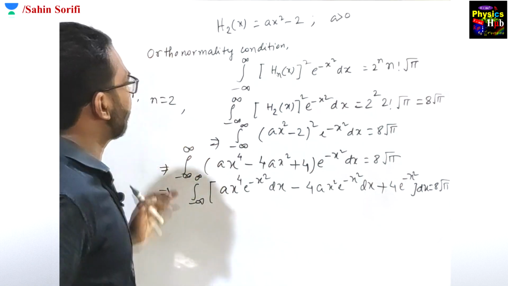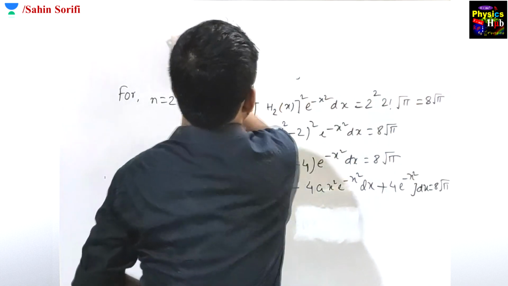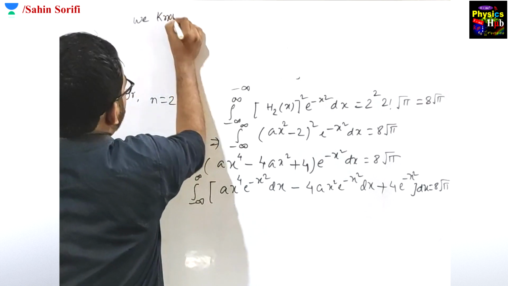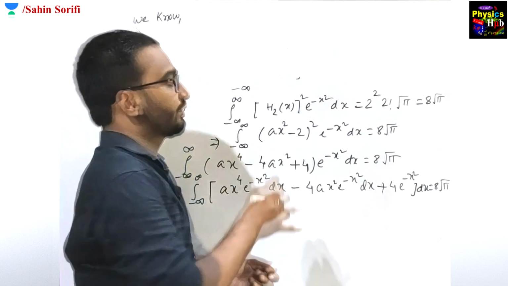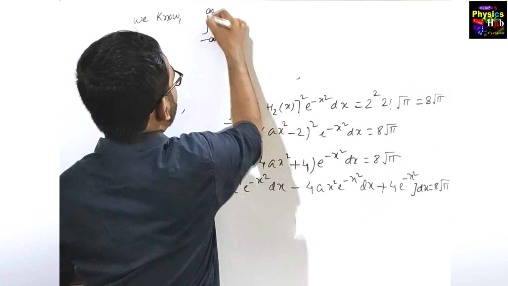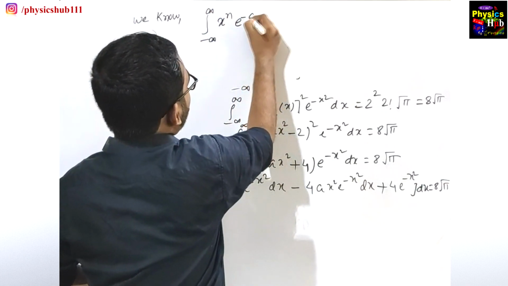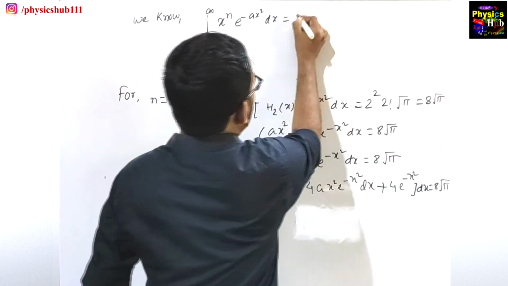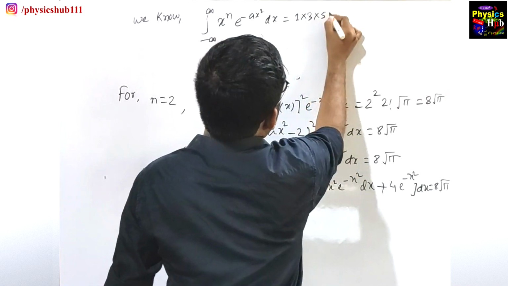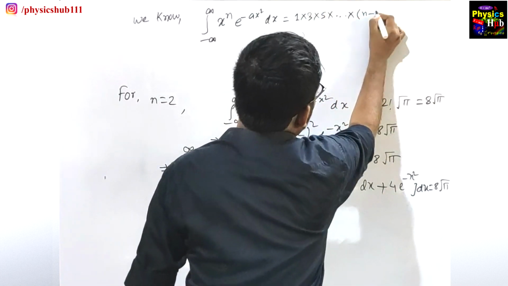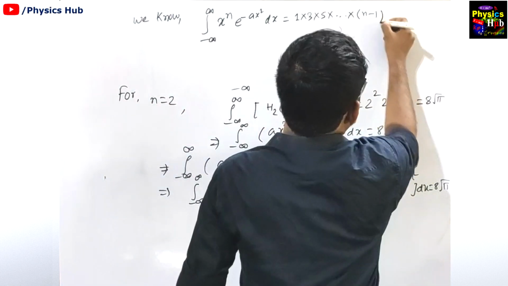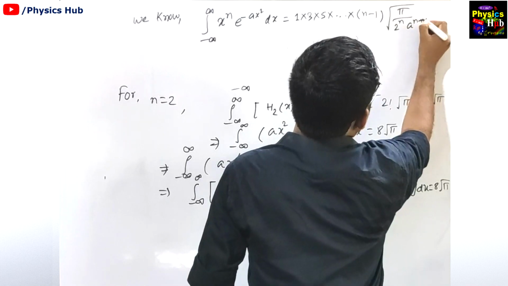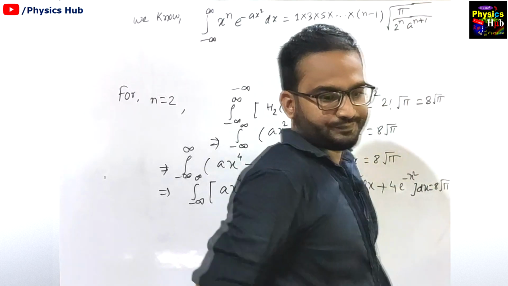So let us just write the formula first. What do we know? This is a known formula, you have to remember this, otherwise it will be very difficult to solve this problem. The integral from minus infinity to plus infinity of xⁿ e^(−ax²) dx gives you 1 into 3 into 5, going up to n minus 1, into root pi, divided by 2ⁿ a^(n+1).